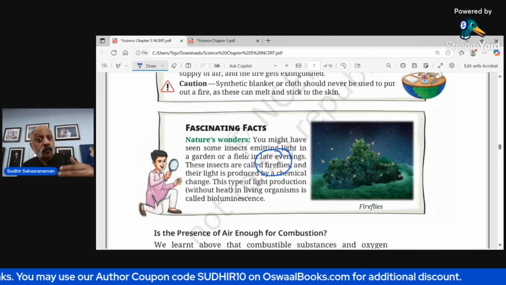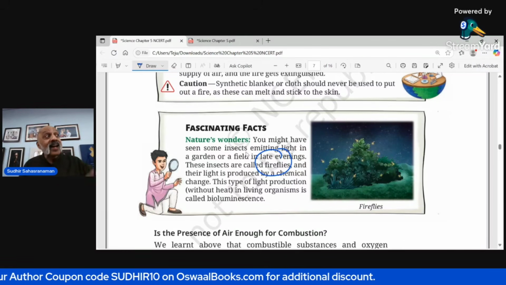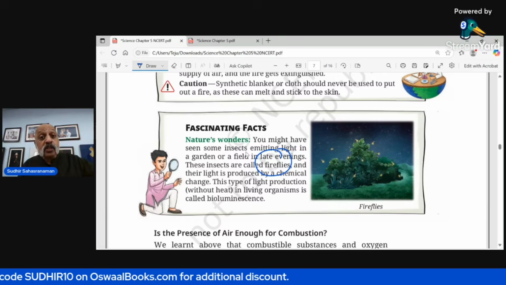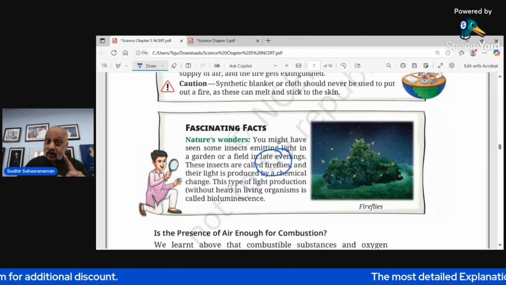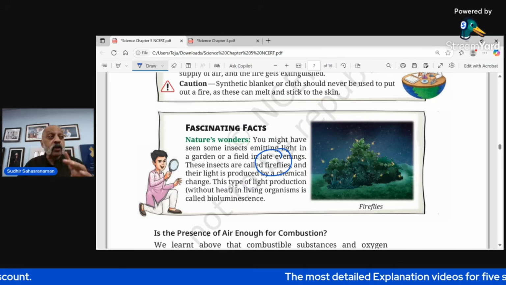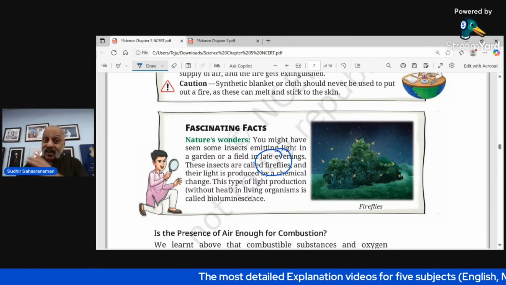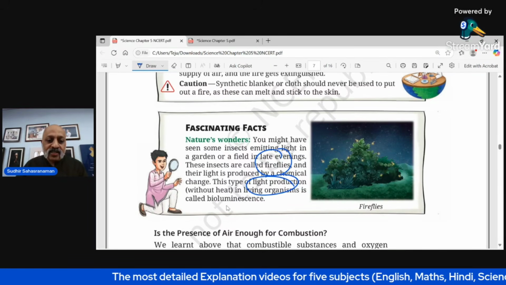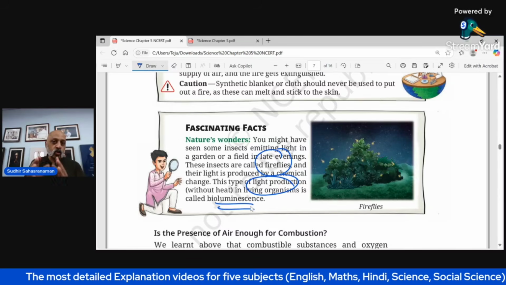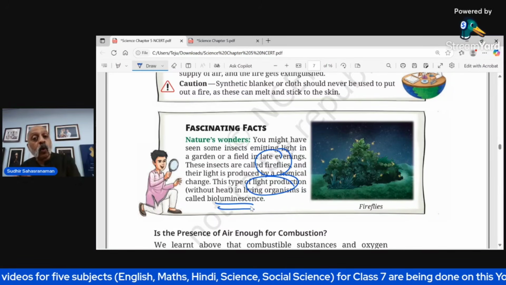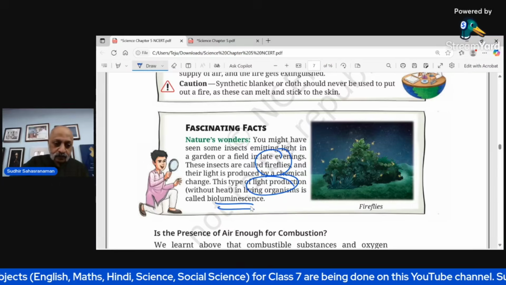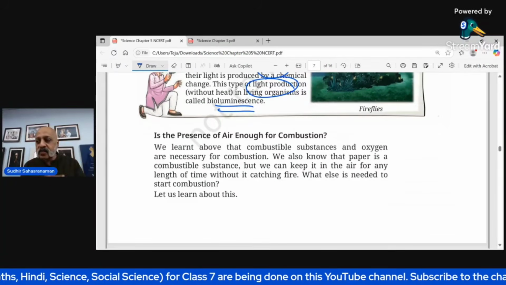This type of chemical change, as a result of which light is produced without heat, in living organisms is called bioluminescence. In this case, there is no heat produced, only light is produced, unlike in a fire. So you may get an example of this kind in your exam, and you may be asked to explain what really happens.